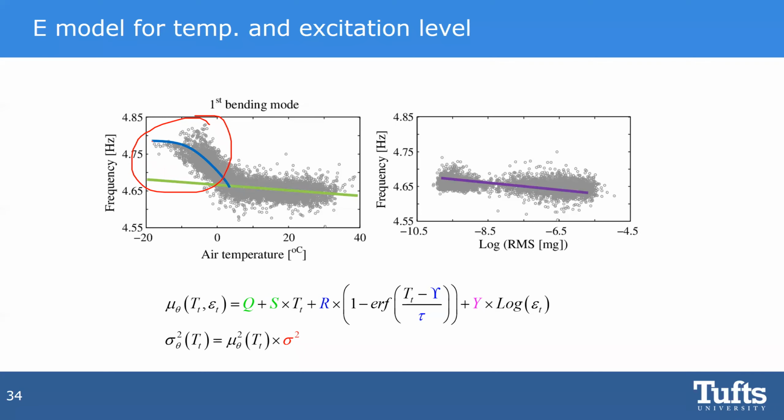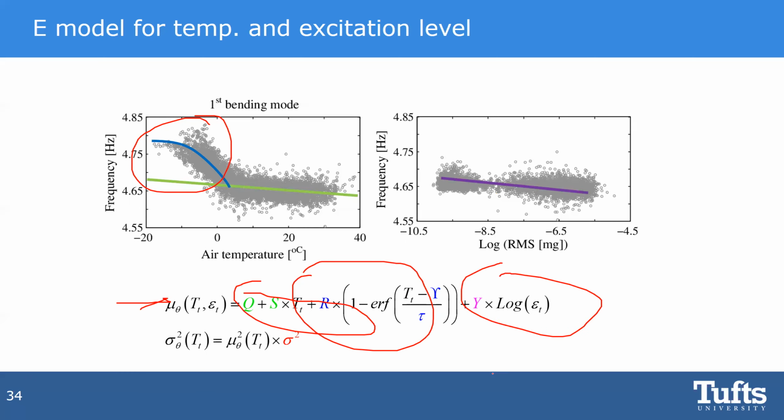So anyway, I say, you know what? My mean of stiffness is the green line. Update the green line parameters, update the blue line parameters, and update the purple, pink line. So instead of updating my mu, I update 1, 2, 3, 4, 5, 6 parameters.